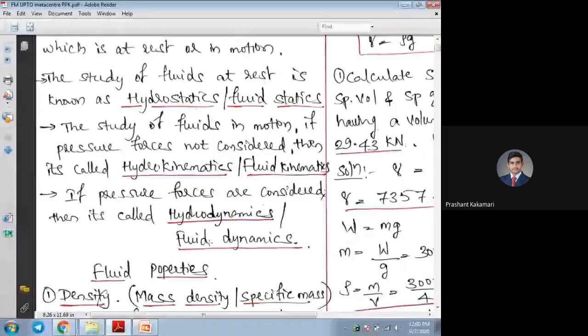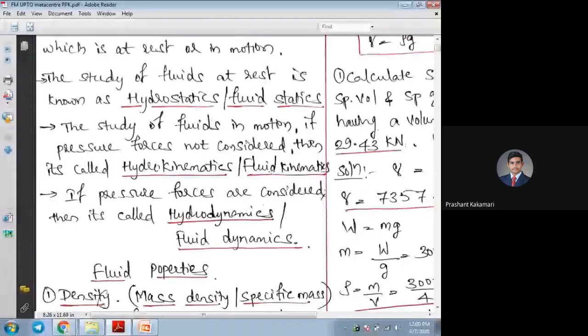When it is stagnant, we call it fluid statics. When it has some motion without any forces, we call it kinematics. And whenever the fluid is in motion with some applied forces, or external pressure is added, or internal forces are developed in the fluid, that field of application we call fluid dynamics.